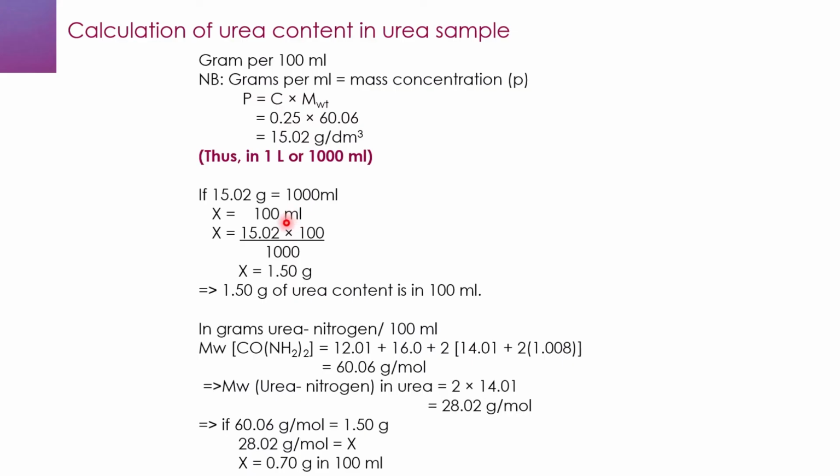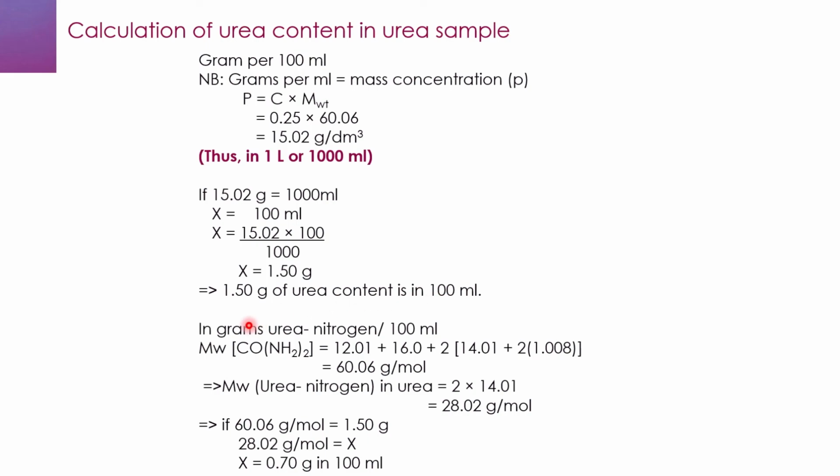If you cross multiply, you'll see that the grams of urea that will be in 100 mils will give us 1.50 grams. So this implies that 1.50 grams of urea is in our 100 mils.